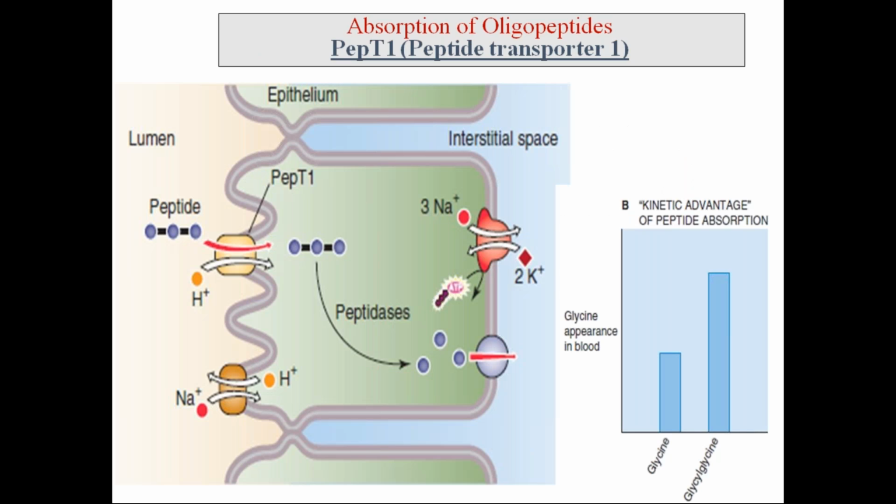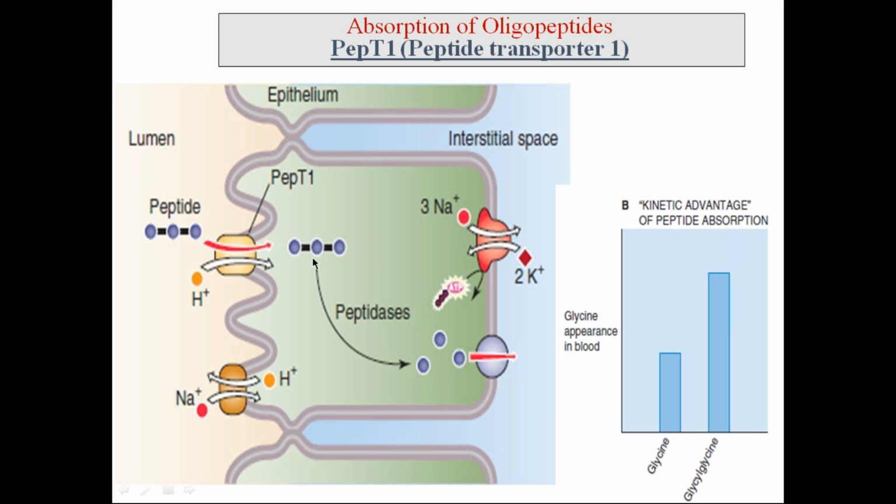The absorption of oligopeptides, as I told you, di and tripeptides, occurs by means of another transporter, that is peptide transporter 1. Here you see that instead of the sodium ion, you have the hydrogen ion. So when there is a di or tripeptide, it will be taken up on the apical side of the small intestine by this peptide transporter 1, in which instead of sodium you have the hydrogen ion.